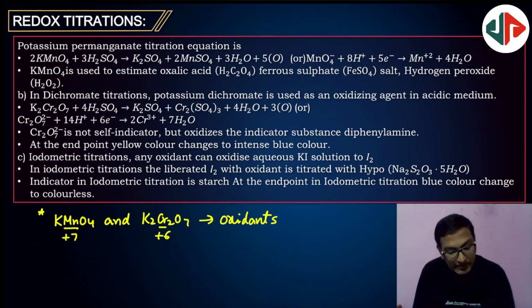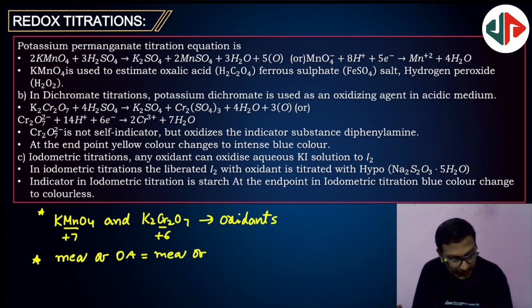So in case of redox titrations, we can write milli-equivalents of oxidizing agent equal to milli-equivalents of reducing agent, standard condition. So for problems, this can be used. Next, in dichromate titrations, potassium dichromate is always an oxidizing agent, but only in acidic medium.